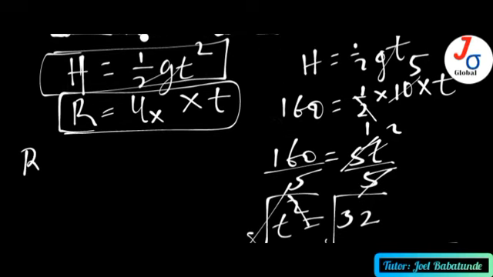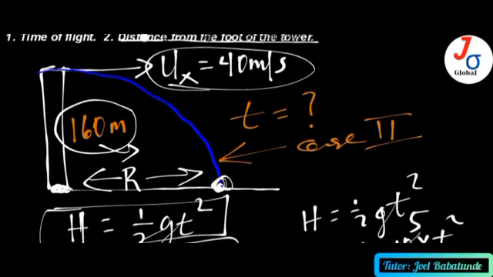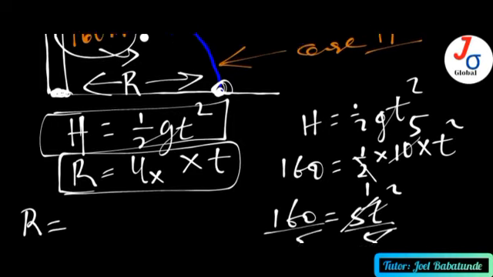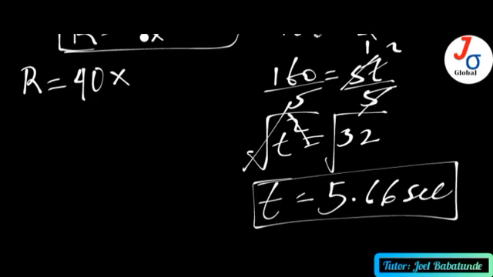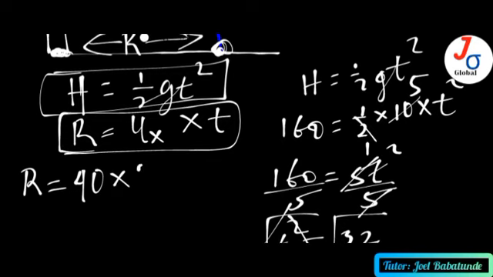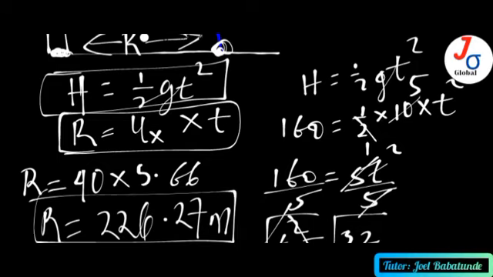So r becomes 40, our horizontal velocity in meters per second, multiplied by 5.66, our time of flight. That makes r equal 226.27 meters. So this is our range. That's how to calculate that.